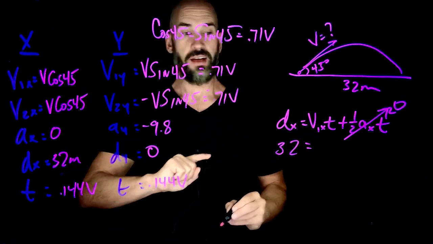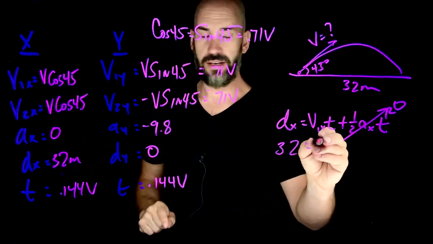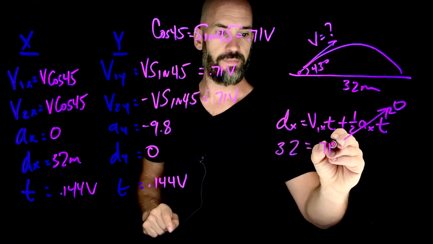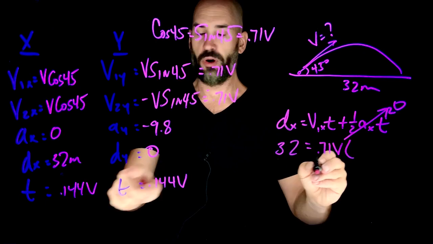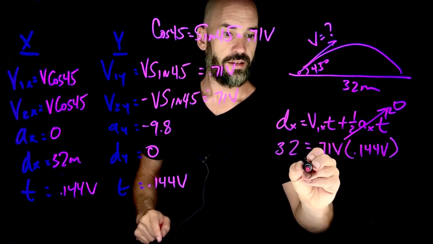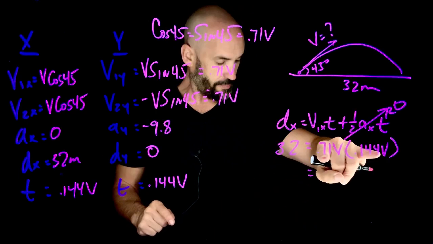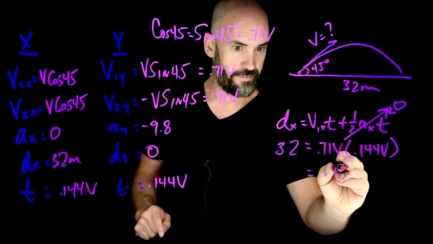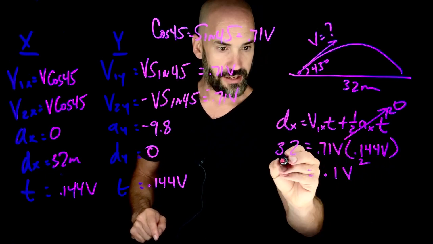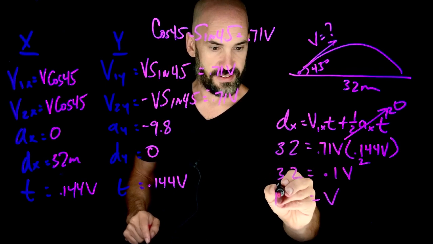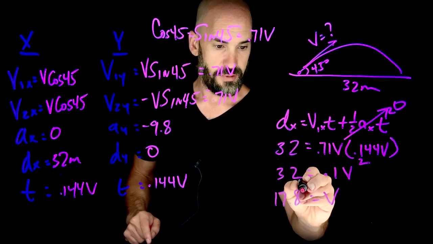I have my v1x, which is, again, 0.71 v. And my t is 0.144 v, right? So then this just becomes something times v squared, right? I actually get about 0.1 v squared equals 32. And then when I solve for v, I get 17.8 meters per second. Okay?